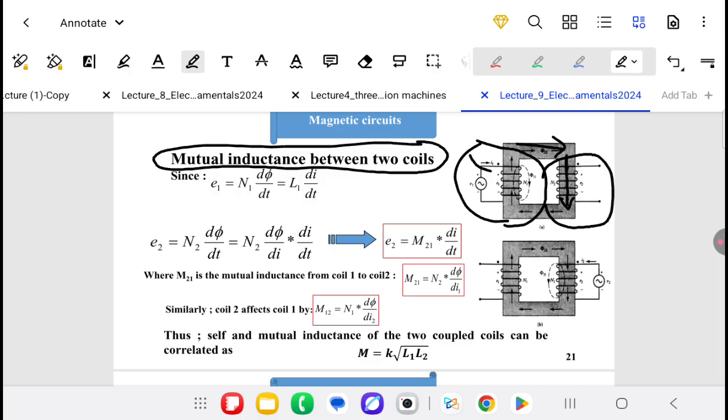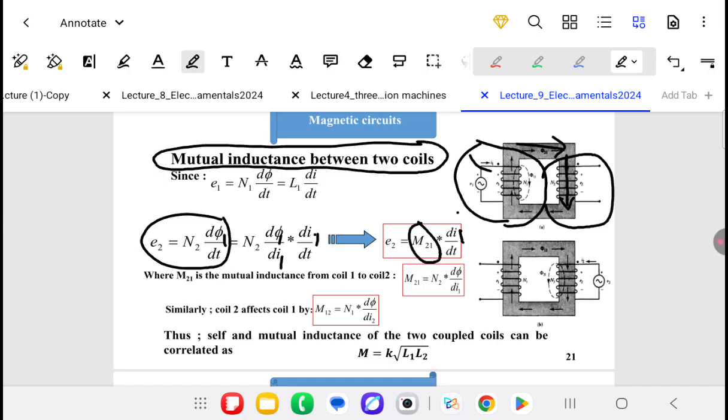Then there is a mutual inductance between these two coils, and the induced EMF E2 equals N2 d phi 1 by dt. If we multiply and divide by di1, then we have induced EMF equals the mutual inductance of coil 2 due to flux and current of coil 1 times di1 by dt.